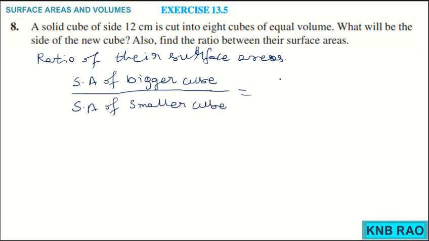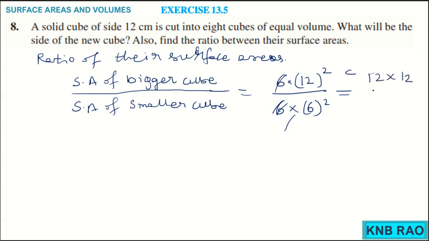You know, surface area is 6 times the side square, so 6 times 12 square for the bigger one, 6 times 6 square for the smaller cube, where we found the side as 6 centimeter. Now this 6 cancels, and moving further, 12 into 12 upon 6 into 6.